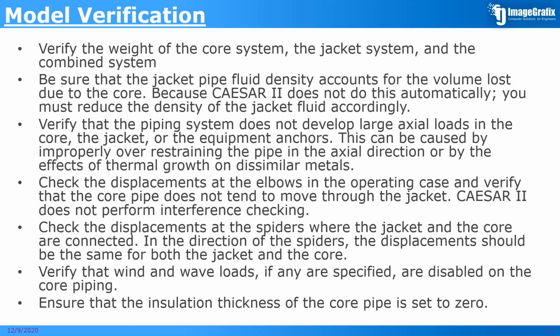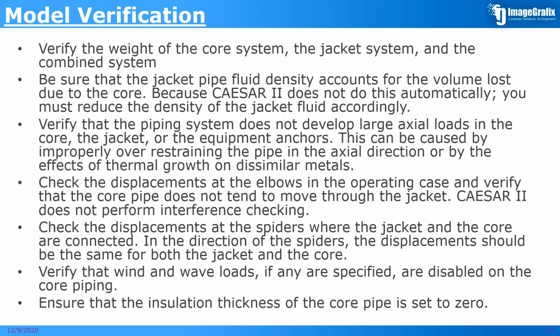Large axial loads mostly happen when the user is over-restraining the pipe in the axial direction. Also, when we have different metals, where the core piping segment is of a different material than the jacket piping, this comes into play. So I need to be very careful in that condition also.